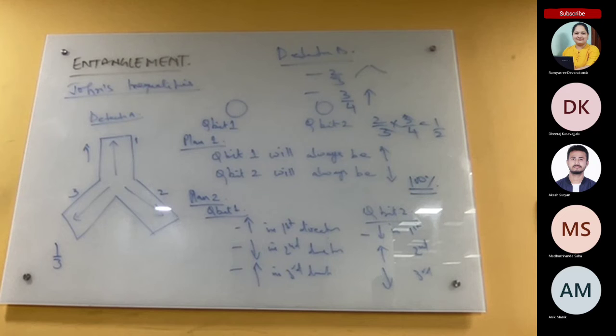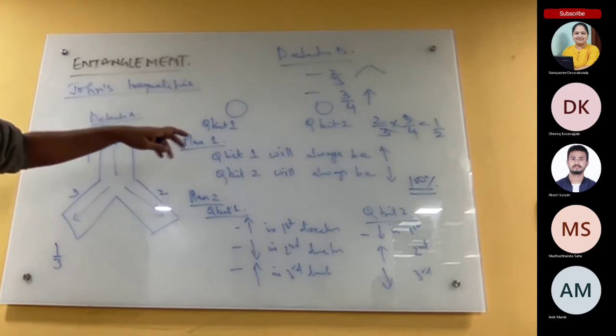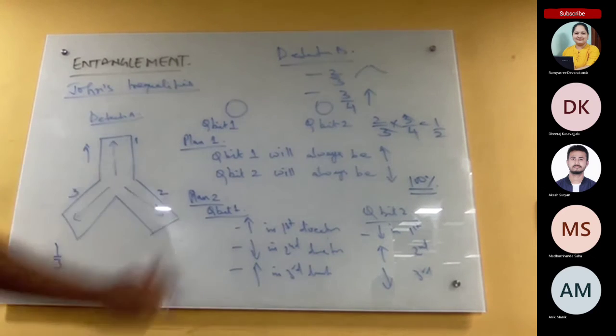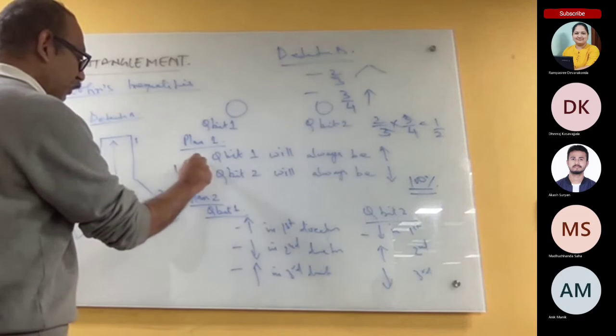So the answer is, the particles should give different results, right? So if you add plan 1 and plan 2, plan 1 will be 100% of the time.